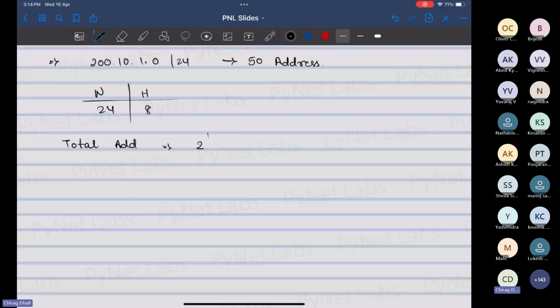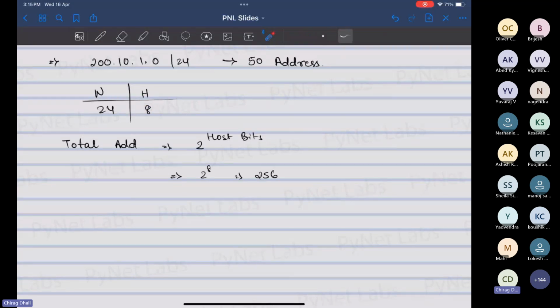Two raised to the power number of host bits, which is 2 raised to the power 8, 256, correct? Out of 256, I require just 50 addresses. So I want to redistribute the network and host bits in a manner so that I can create small parts of my big network and I can use them as and when required. 8 bits give me 256 addresses, correct?